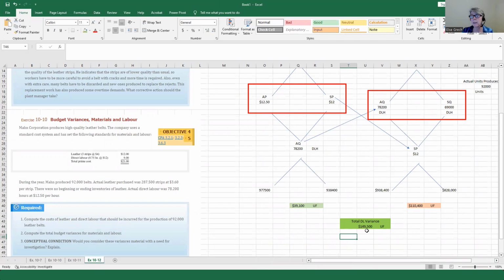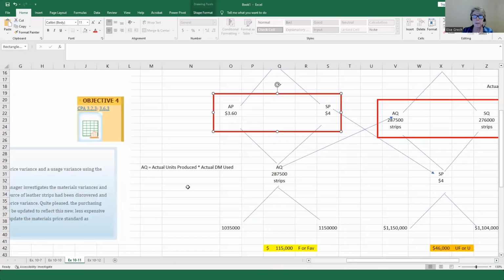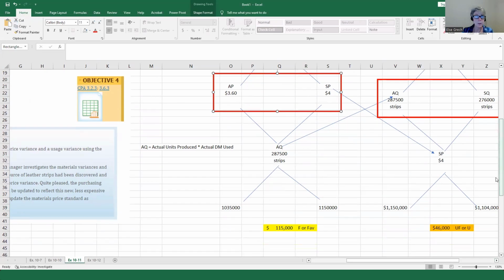Until I investigate this unfavorable labor variance to find out, hey, why did we have to hire more expensive people? And why did those people work so many hours? I'm not going to immediately say yes, let's update the standard, because I may have to punish the purchasing manager because they bought cheap goods and those cheap goods cost us a lot of money. Things don't stand by themselves, right?